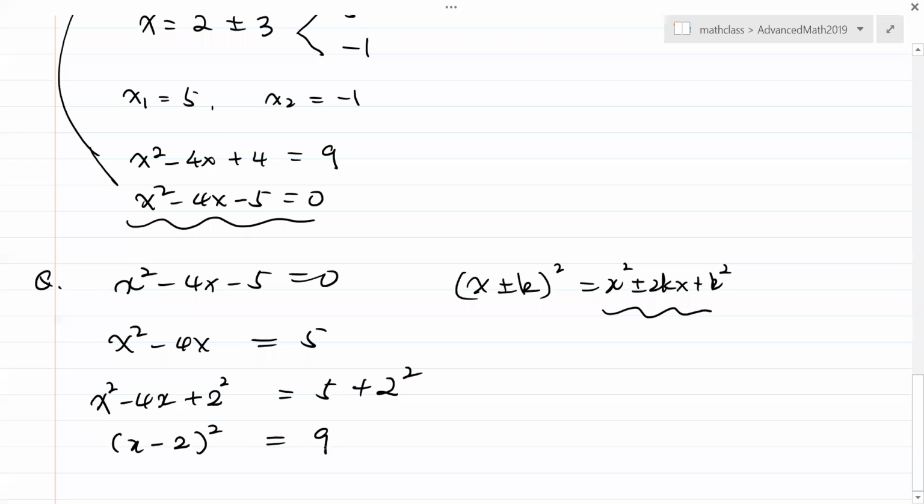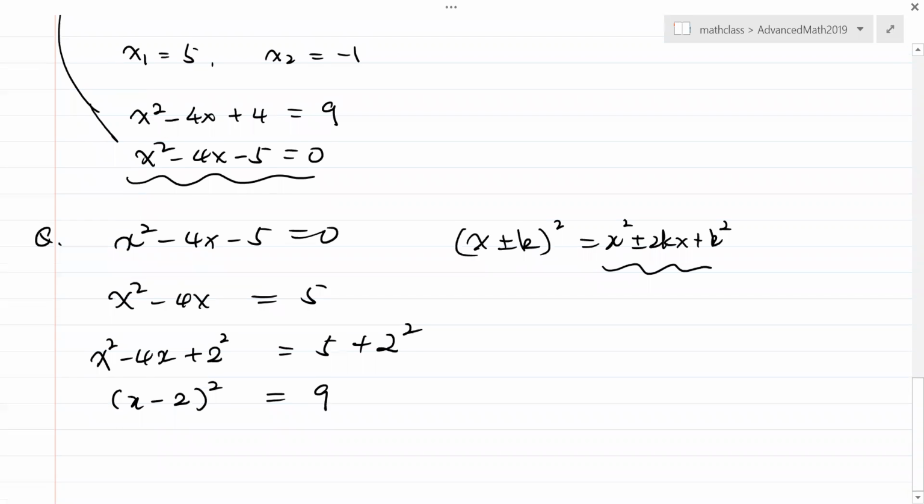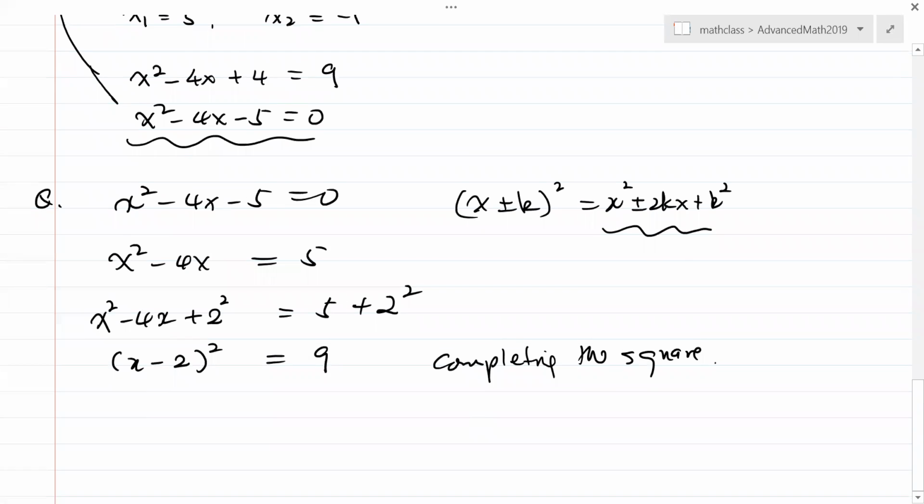And then you get back the original equation. This is called the completing the square technique. Completing the square. This is one of the ideas to solve the equation. Then you can solve it.